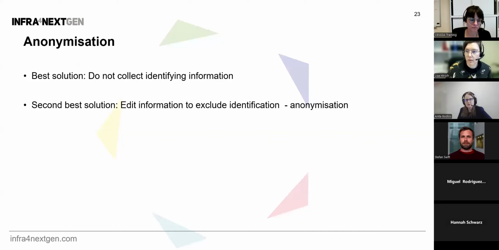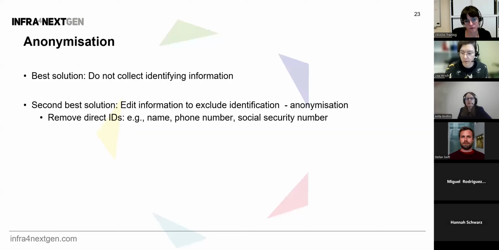The second best solution is editing information to exclude identification, and this process is called anonymization. For direct identifiers, this process is usually straightforward and requires removing these direct identifiers like names, phone numbers, or social security numbers.